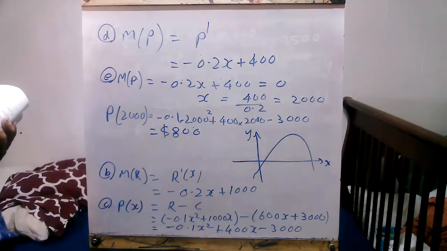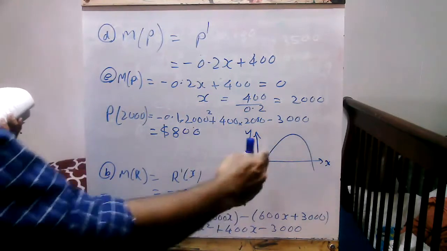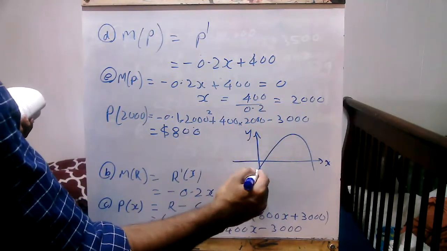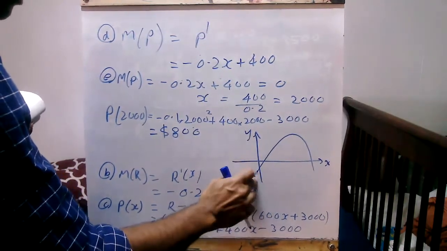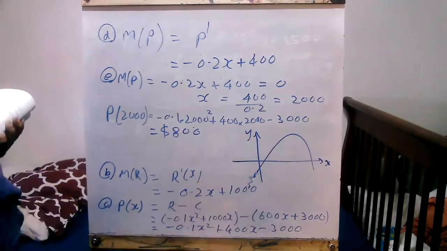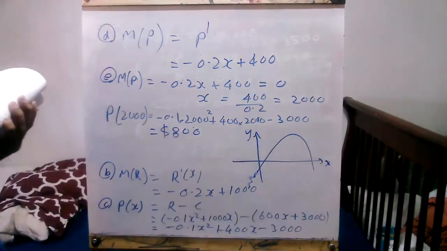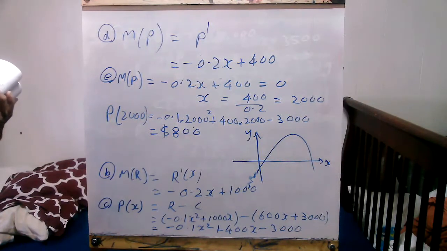Now we are only interested in the positive portion of x, because x cannot be negative, right? So I do this part, but I make it dotted line, right? That part shouldn't be there. X should be greater than 0 because x represents the number of items.